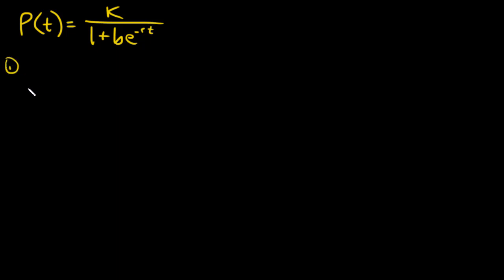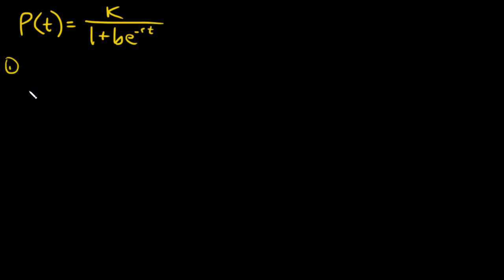So clearing it, we've got our P of T is equal to K over 1 plus Bert, like so. Okay, so we want to know what the population is.